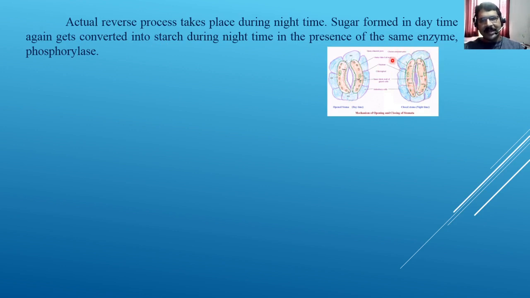Now we will concentrate on this image, which shows closed stomata. How these stomata get closed we will see. This is the reaction: glucose produced during daytime, in the presence of inorganic phosphate and the same enzyme phosphorylase, is converted into starch at night or in the darkness.